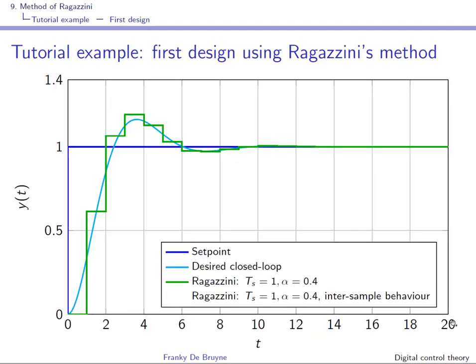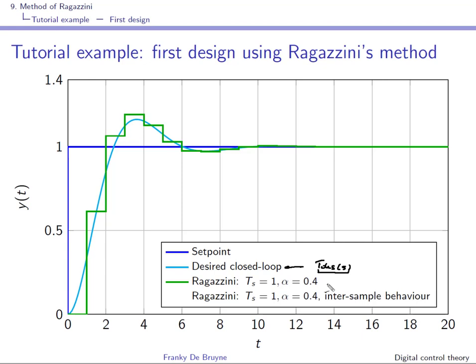So this is the output closed loop response. In blue, the set point. In cyan, you see the desired closed loop response, but this is the desired in continuous time. And you see here the Ragazzini design.